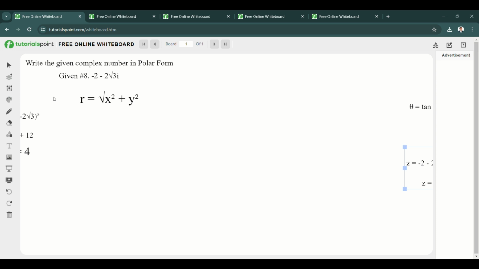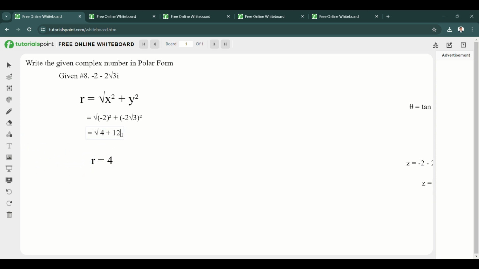So next is number 8. This is also in the form of a plus bi. So substitute the values, which is now equivalent to the square root of negative 2 raised to 2 plus negative 2 square root of 3 raised to 2. So simplifying the values, we'll have the square root of 4 plus 12, which is equal to 16.